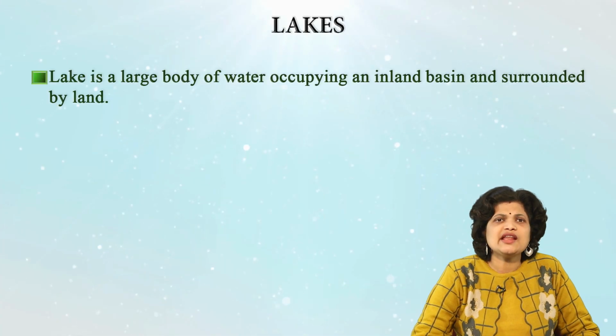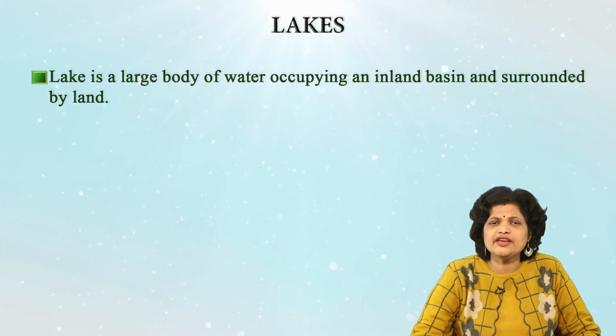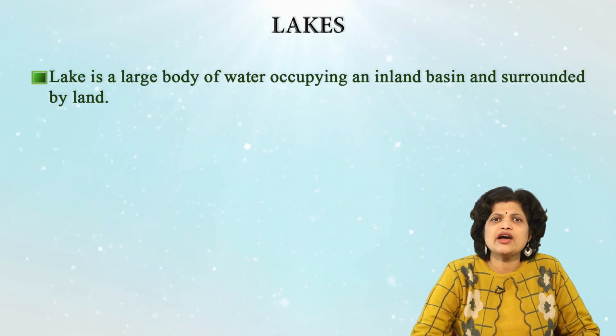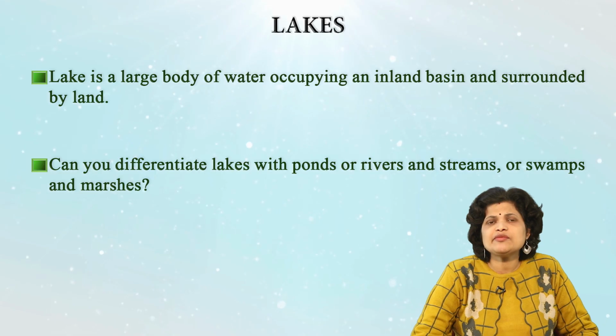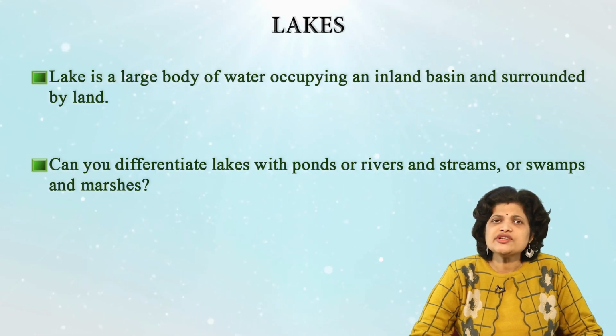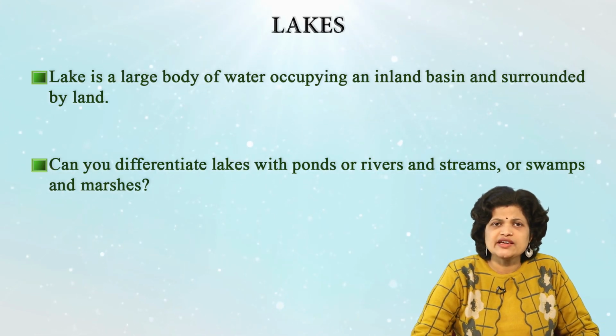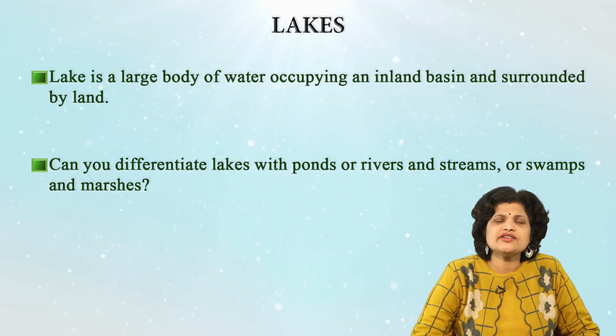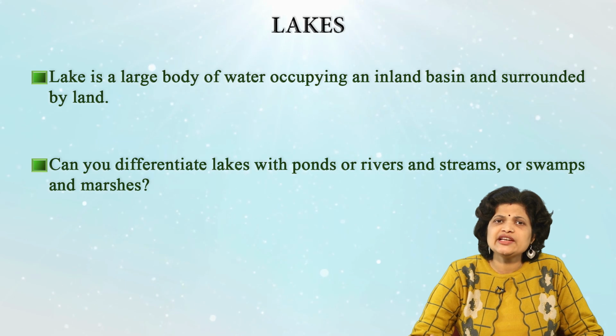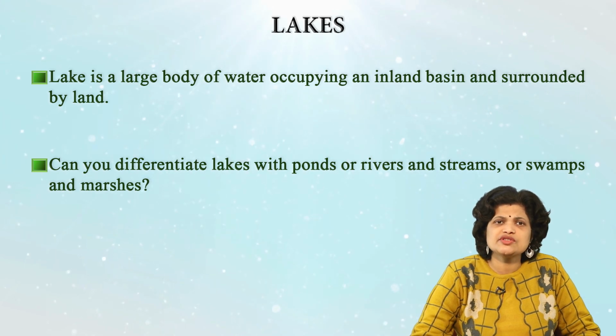Now a lake is a large body of water occupying an inland basin and surrounded by land. Can you differentiate between lakes and ponds? Yes. Ponds are similar to lakes but relatively smaller in size. And can you differentiate lakes from rivers or streams?